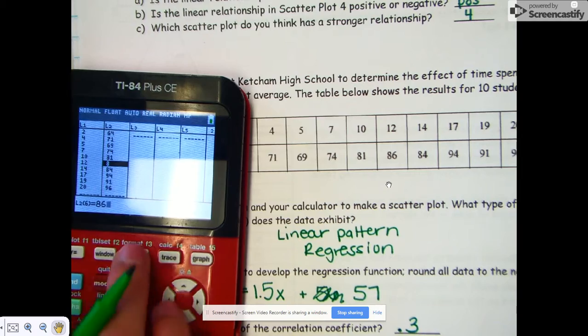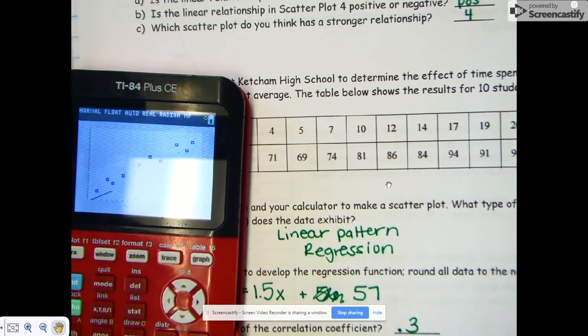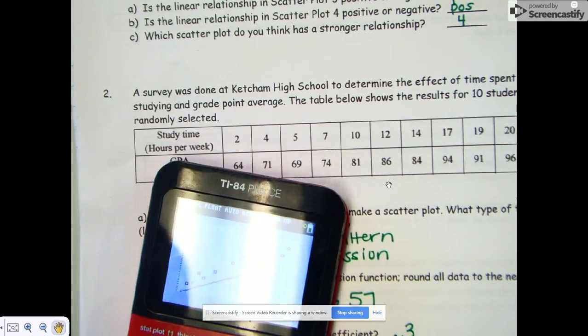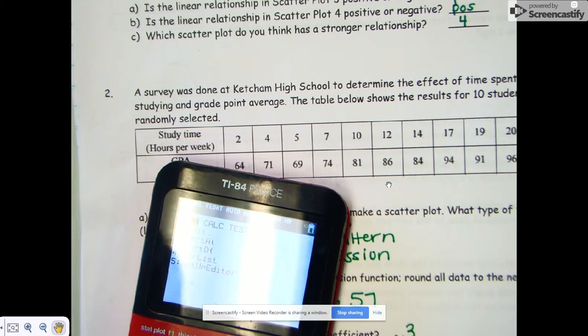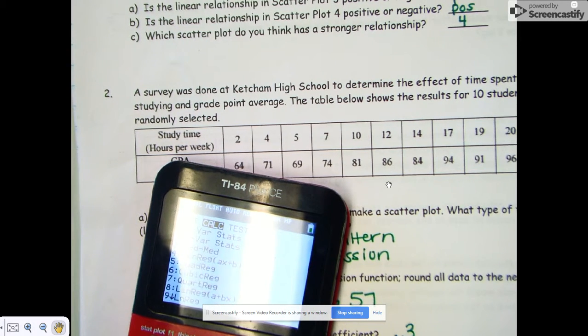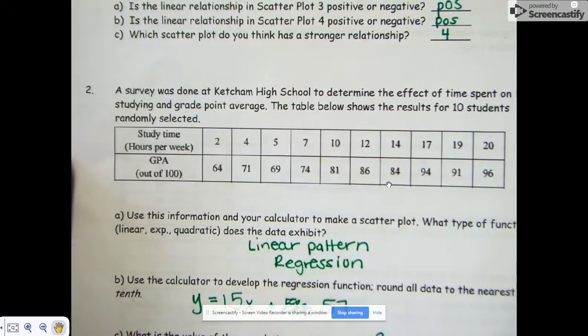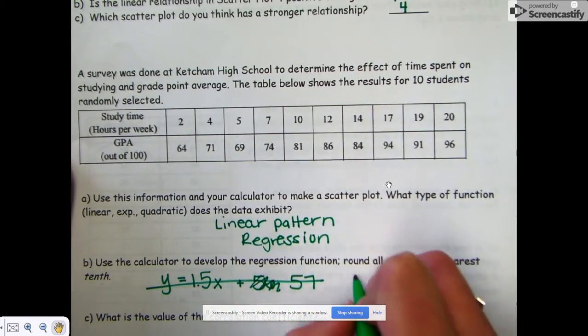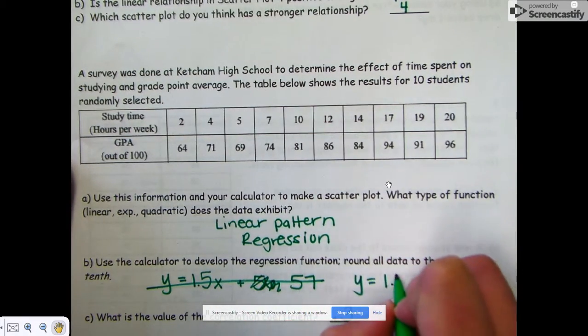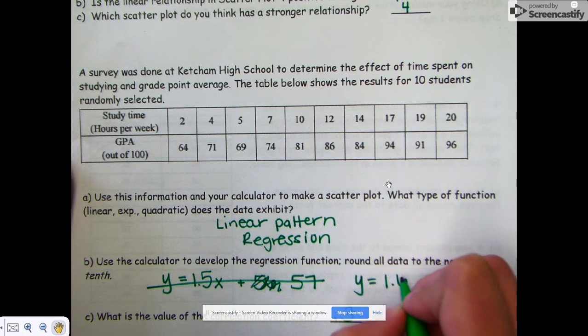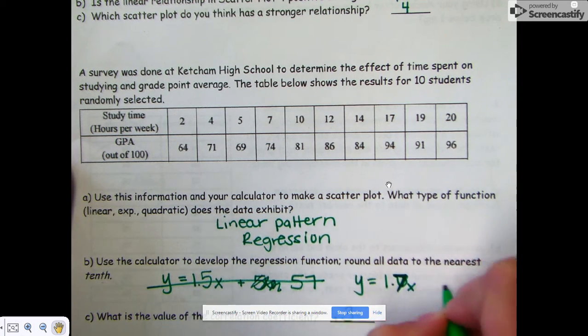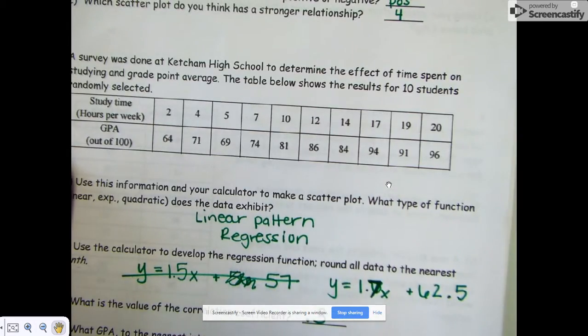Sorry. All right, there we go. Let's do stat calc and go to our LinReg. This should actually be y equals 1.7x plus 62. All right, so that's better.